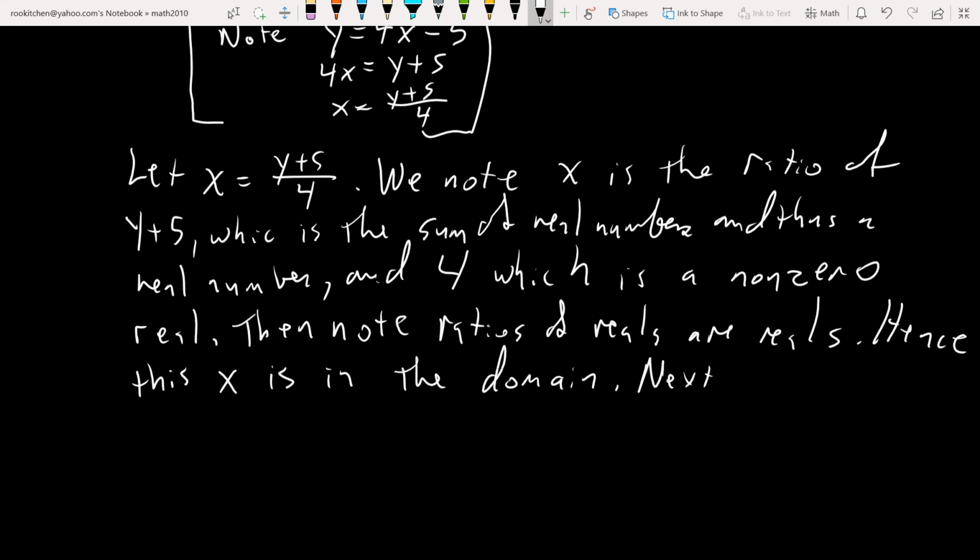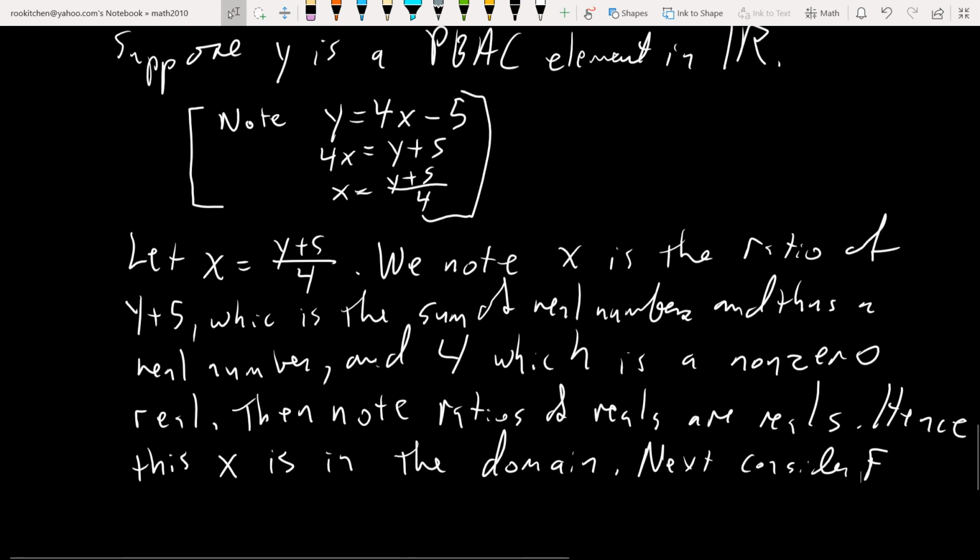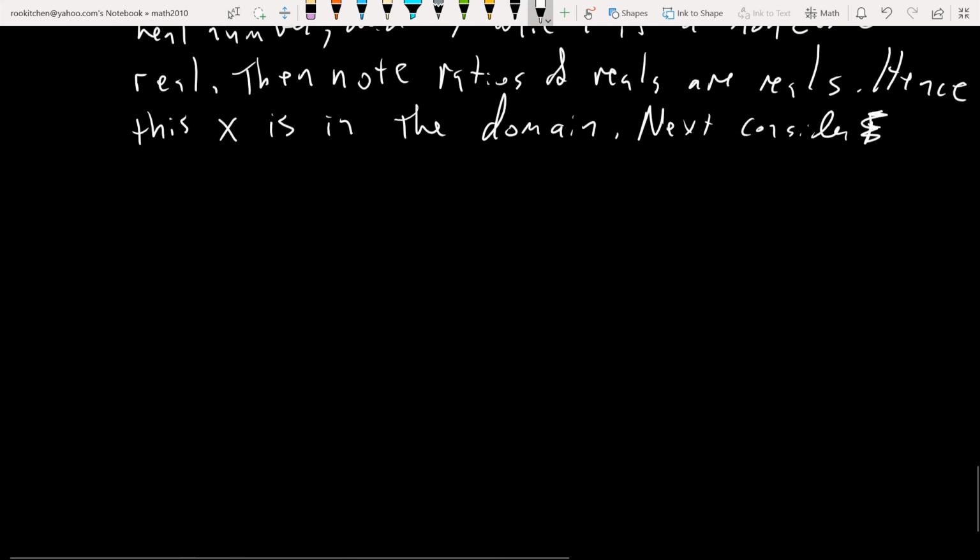Next, consider f, or is this function called f? No, it's called g. Consider g of x, and note, now we just do substitutions and definitions.